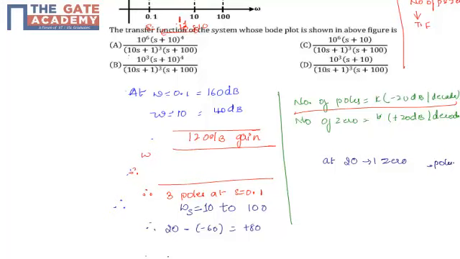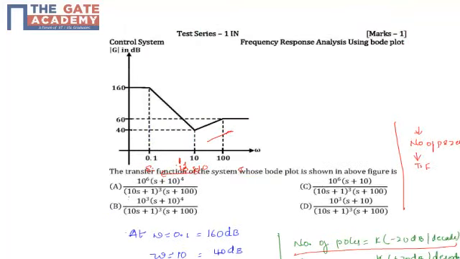Similarly, when you consider the plot from omega 10 to 100, we can see from the graph that there is a rise in the plot of 20 dB, and again from here it is 0.